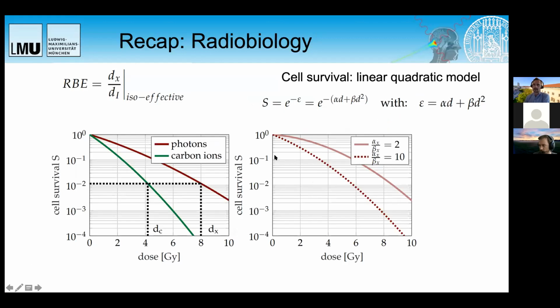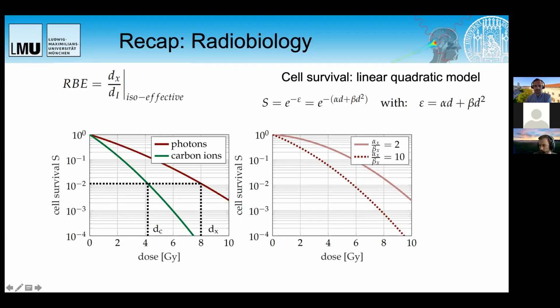But the local effect model really operates at very high doses. When you look at the particle track and you basically relate the local effect at this particle track to that of photons, then you have very, very high doses of tens of thousands of gray.